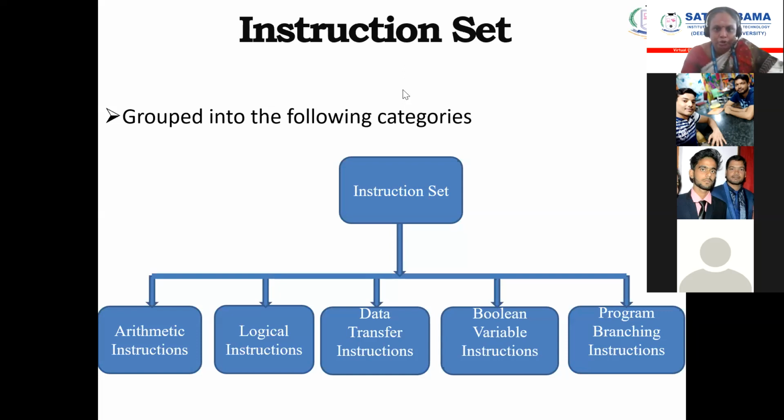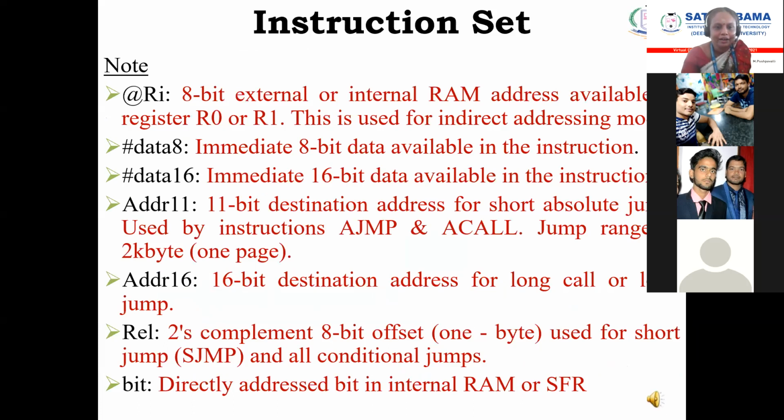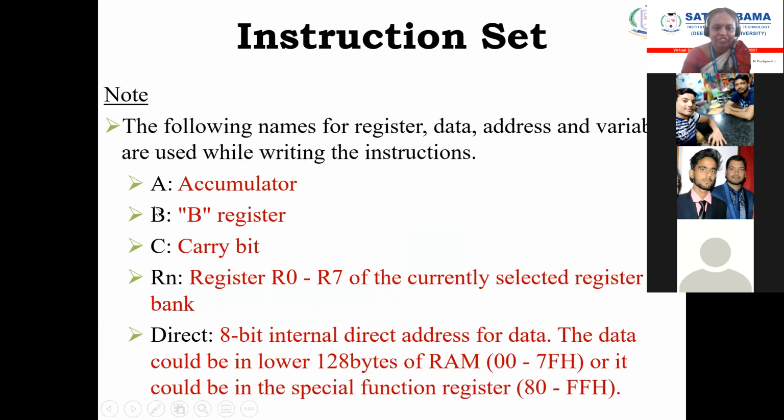Okay. So today we will see another important set of instructions that I told you. Remember, A stands for what? The accumulator. B stands for what? B register. C stands for carry bit. Rn means what? R0 to R7. And the internal memory locations use a total of 256 bytes.